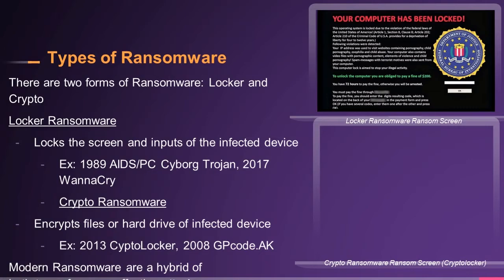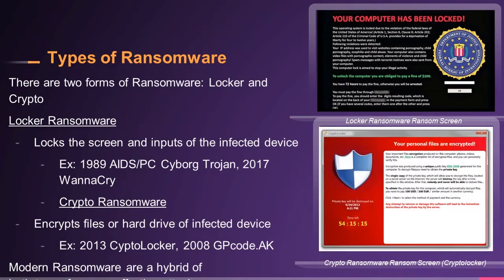The second type of ransomware is the crypto variant. This type of ransomware is designed to encrypt personal or important files on the affected device, using public or custom encryption algorithms to make files such as PDF, doc, text, or any Office file unreadable by the computer or the user.